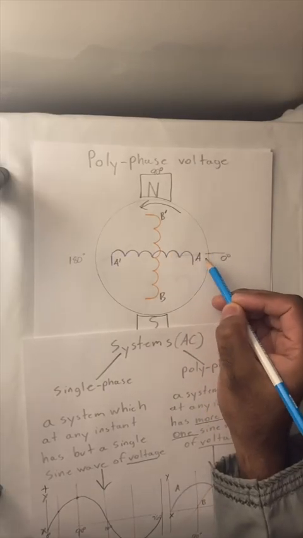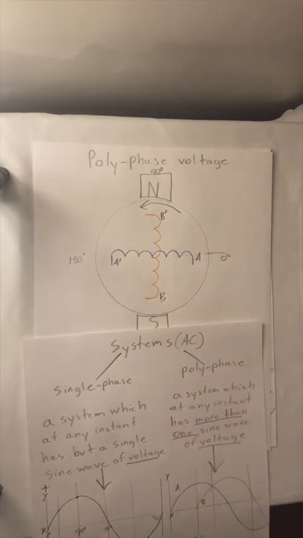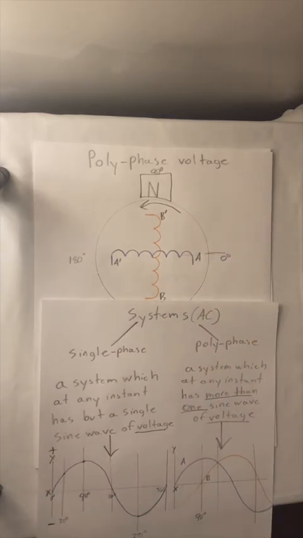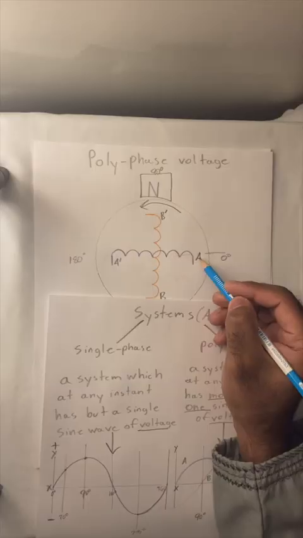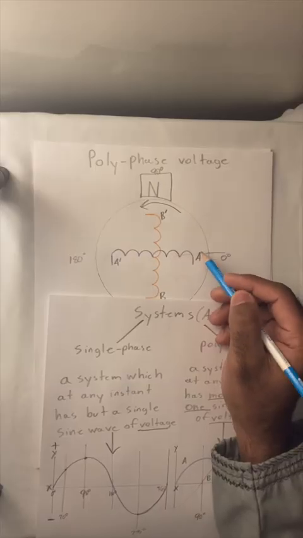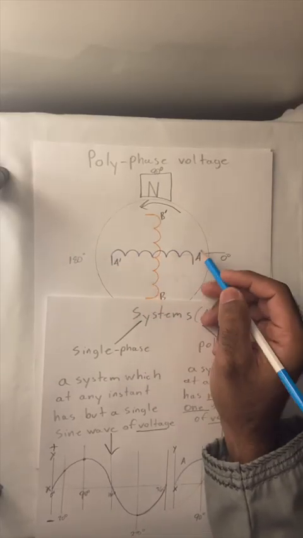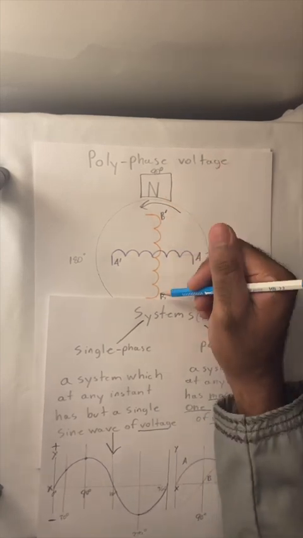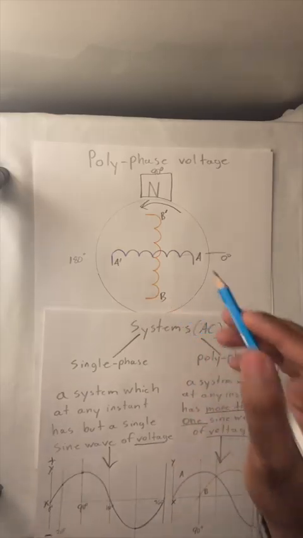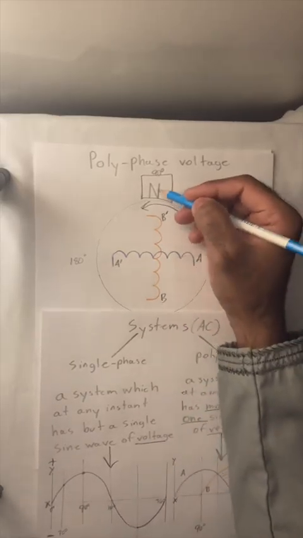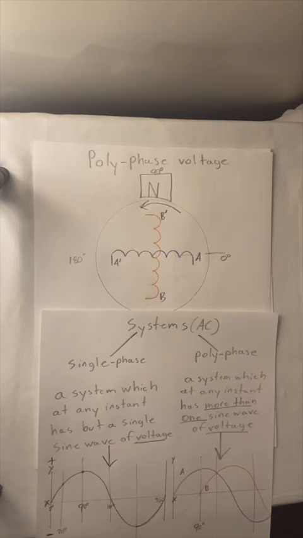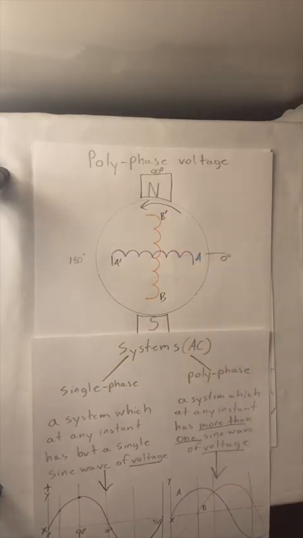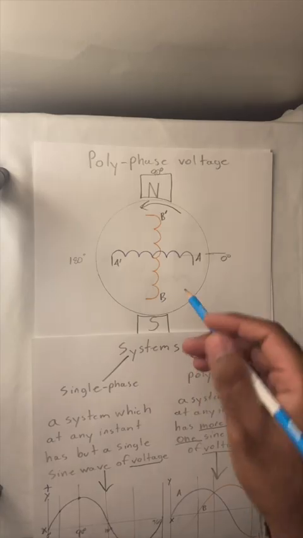So at 0 degrees, we have voltage A. When A of winding A prime A and B of winding B prime B are pointing, when A is at the North Pole, it will be at its maximum value. Similarly, when B is at a North Pole, it will be at its maximum positive value.